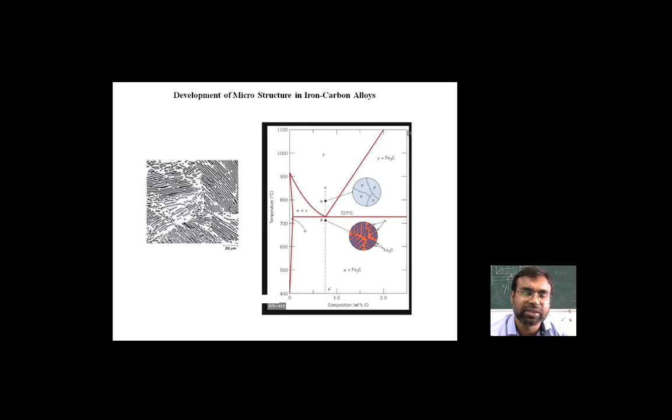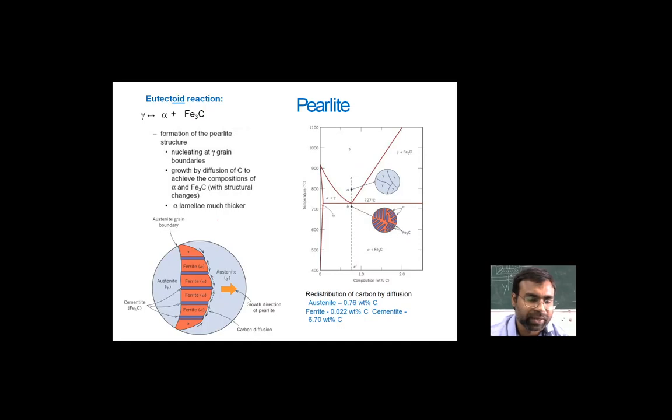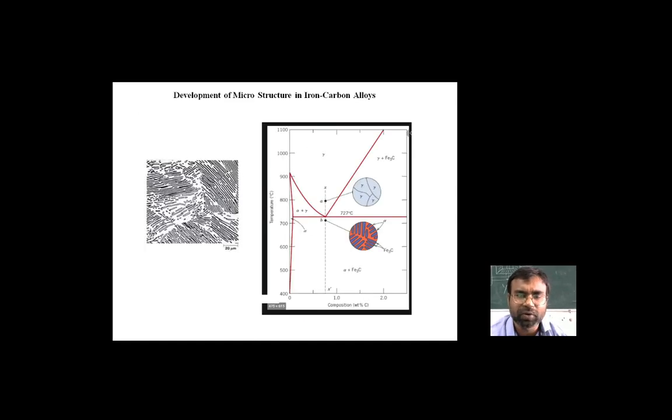The first reaction is the eutectoid reaction. Before proceeding, we are discussing the microstructural development in the iron carbon alloy, and the various microstructures that may be produced.